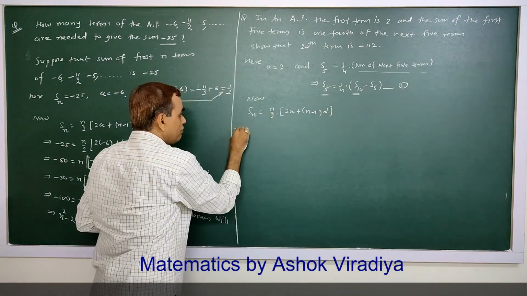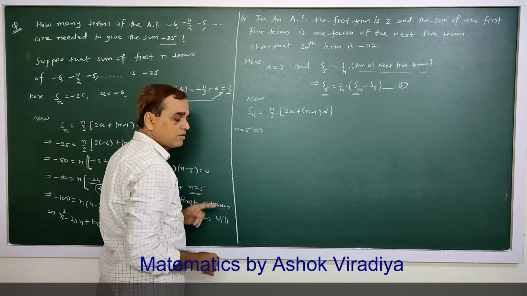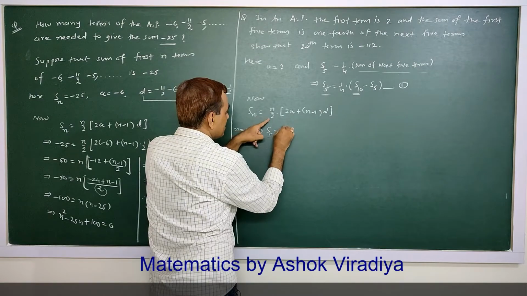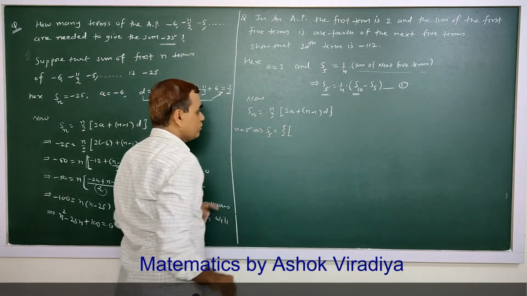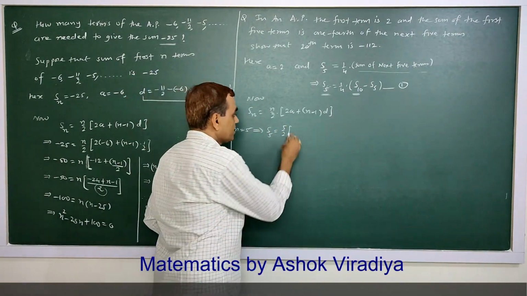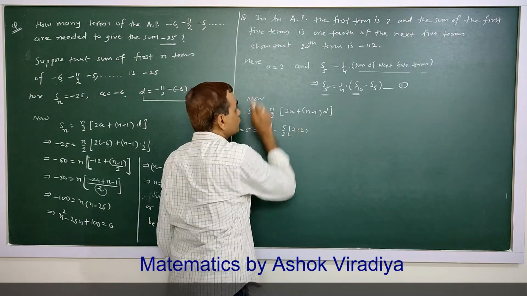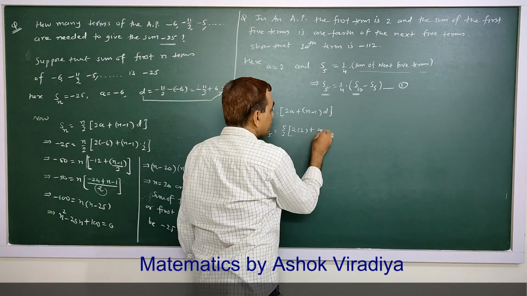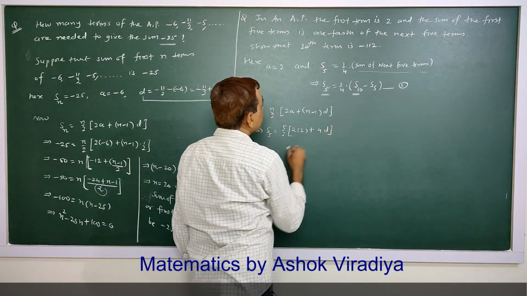Putting n equal to 5, S5 is 5 by 2 into 2a, where a is 2, plus 5 minus 1, which is 4, times d.